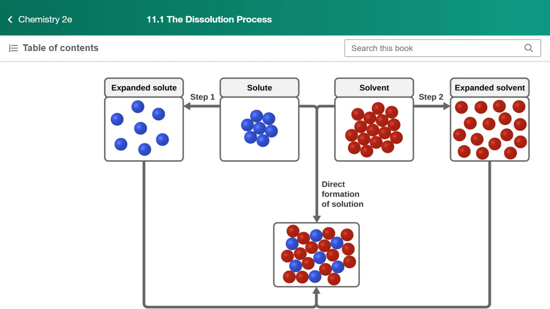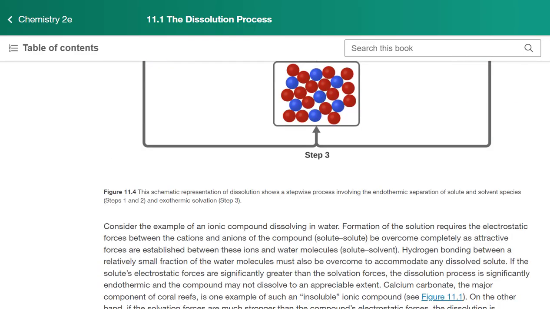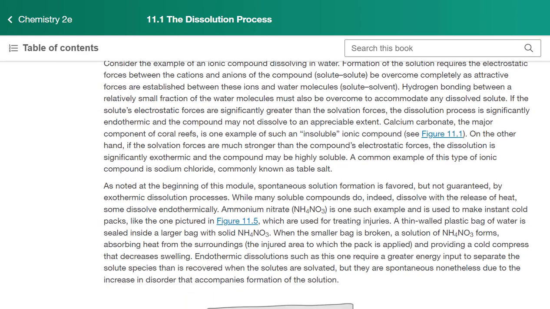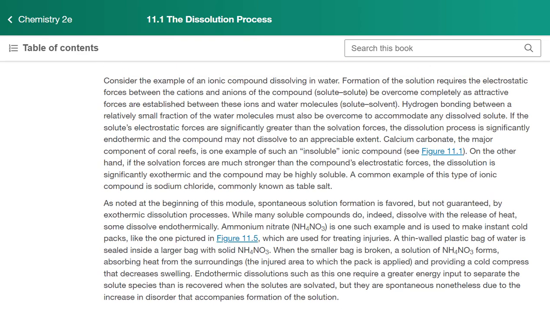Things that have similar intermolecular forces will go well together. Things that have different intermolecular forces will not go well together. So one of the things you want to be able to do is decide which things will form solutions when mixed together. So there is some discussion here in your book about that in terms of the types of interactions that do form solutions.